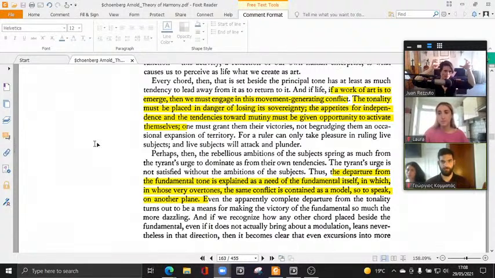So that mutiny has to activate itself, and that's modulation. Thus, the departure from the fundamental tone is explained as a need of the fundamental itself, in whose very overtones the same conflict is contained as a model, so to speak, on another plane.